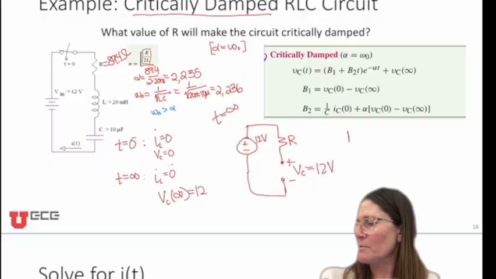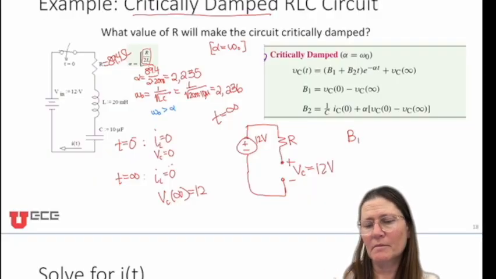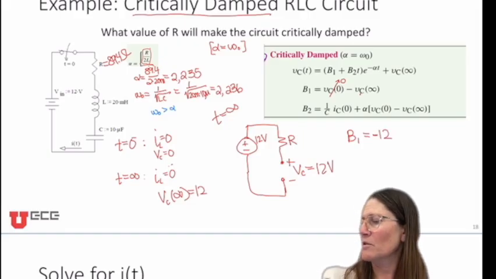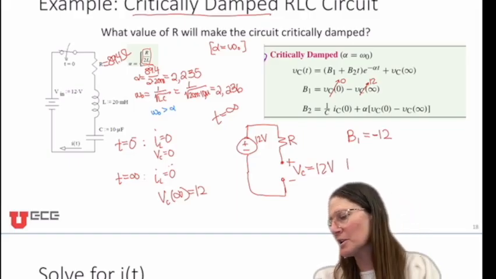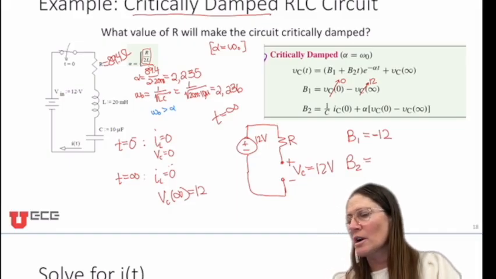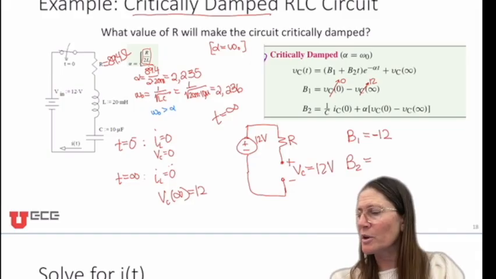So B1, so this goes to 0 and this goes to minus 12 because it's a minus there, and then B2, IC of 0 will also be 0 because this is equal.